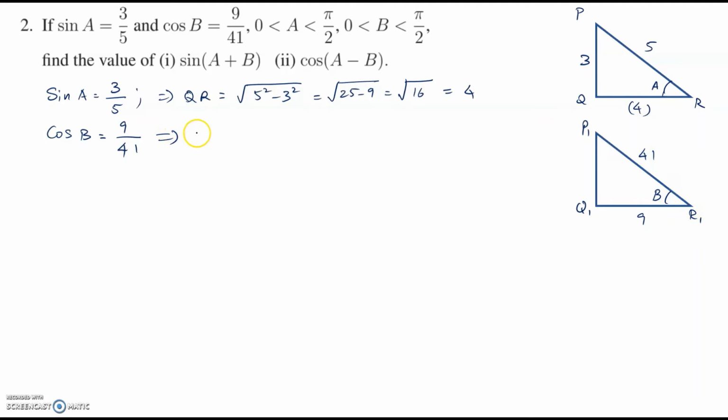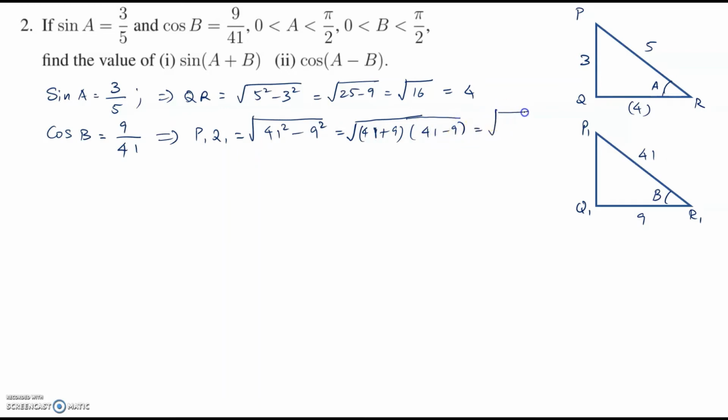Therefore, our P1Q1 is equal to square root of 41 squared minus 9 squared, and we can rewrite this as a squared minus b squared.